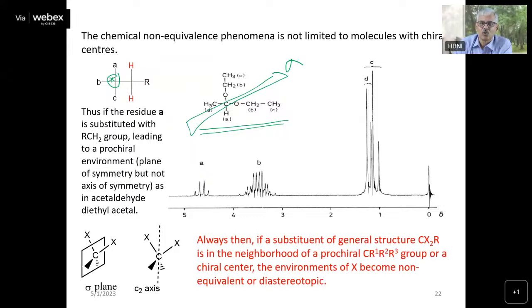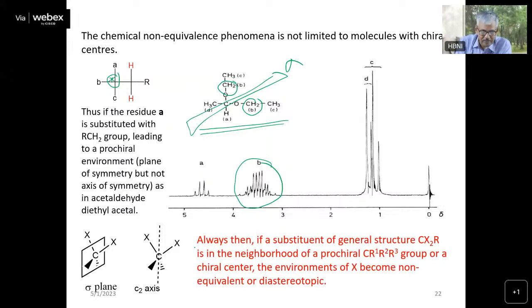We know that if there is a plane of symmetry but no axis of symmetry, we call those groups diastereotopic. That's why these two CH2s are no more equivalent, and you get a complex NMR spectrum.